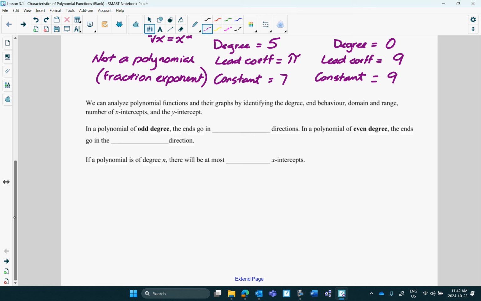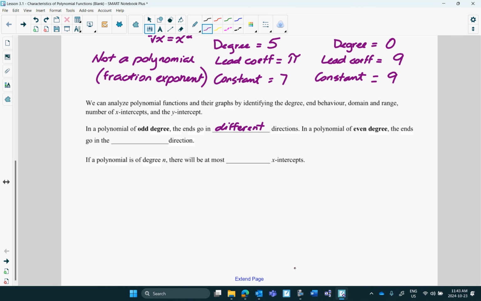Now, remember, degree refers to exponent. So if we have an odd exponent as the highest degree, the ends will always go in different directions. You'll see this when we do an example.